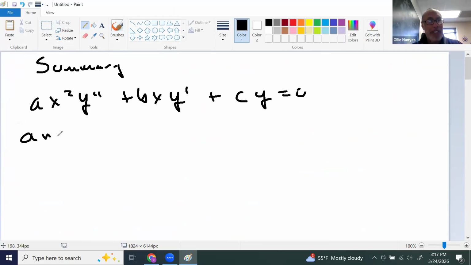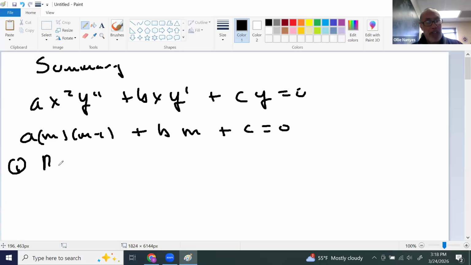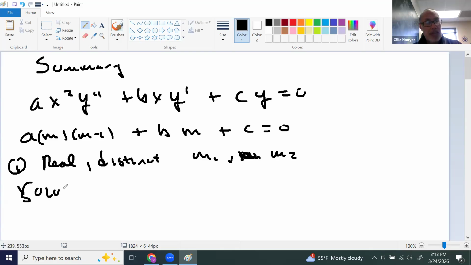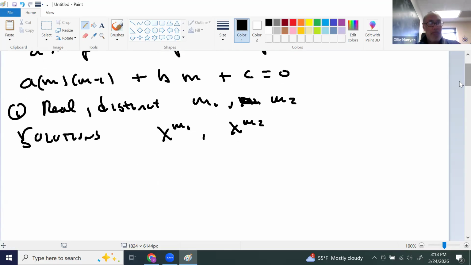We get the initial equation. So then we have real, distinct, m1 and m2. Then the solutions are x to the m1, x to the m2. Okay, so that summarizes that one.